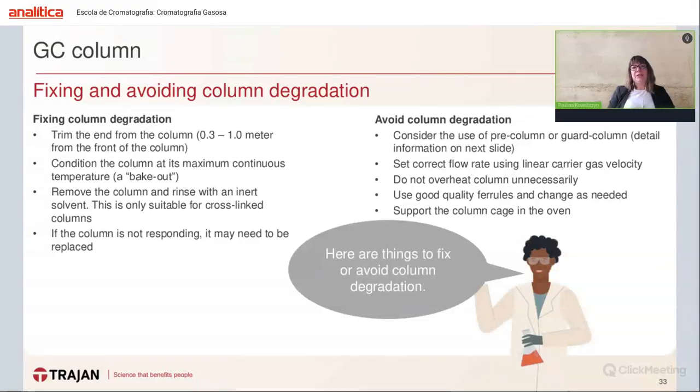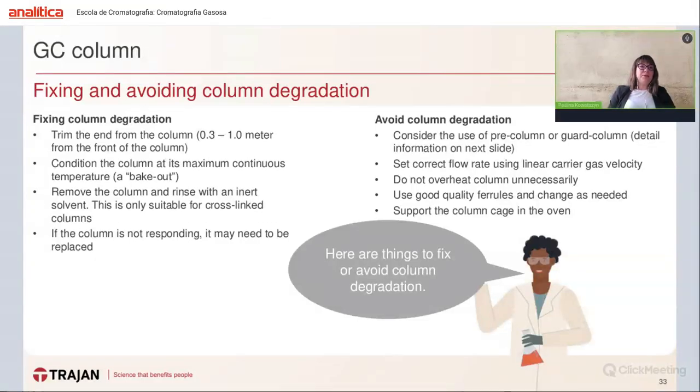We should avoid overheating of our columns if unnecessary, so use the lowest temperatures possible for our analysis. And we should support the column cage in the oven, so it always stays in the same place, with no unnecessary movement. Also, using good quality ferrules and changing them as needed will help us avoid column degradation.